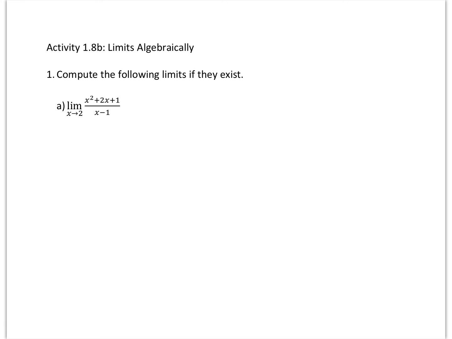So I'm going to try to just plug in the 2. So I'm going to have 2 squared plus 2 times 2 plus 1 over 2 minus 1. I'm good. No 0 in the denominator. I can just calculate this. So this is going to be 4 plus 4 plus 1 is 9 over 1, which is 9.